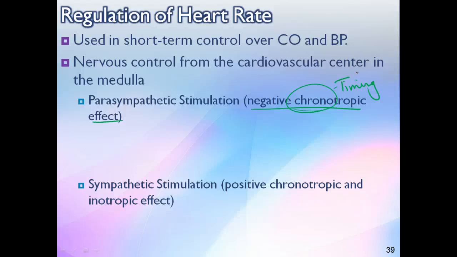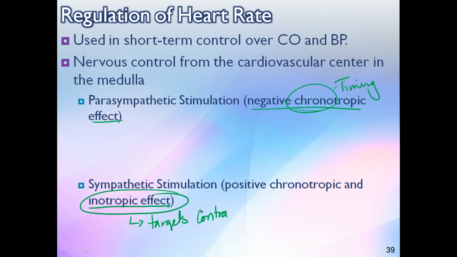Now, in addition to having a positive chronotropic effect, your sympathetic stimulation also has a positive inotropic effect. This is something we'll talk about again here shortly in the regulation of contractility. Now, anything that affects the contractility of the heart is an inotropic agent.